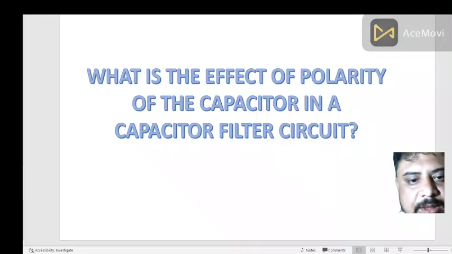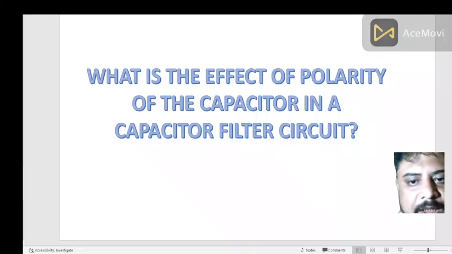I must tell you, this is a very important factor, but it is neglected many times in teaching of these rectifier filtering circuits. You have to remember that the filter capacitor charges to the peak value of the AC waveform. This is the most important thing. So filter capacitors are rated for this higher voltage, and capacitor polarity is an important factor.